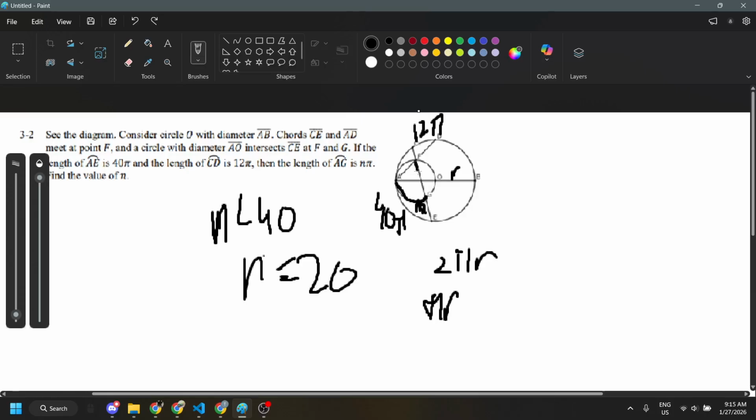Maybe because this length is something, and this length is something.